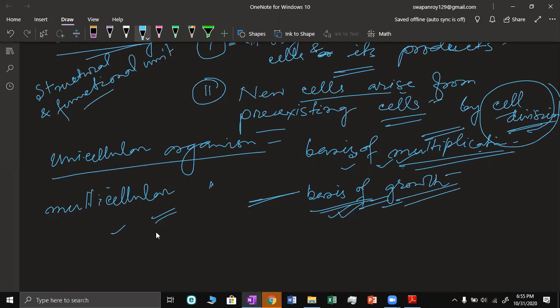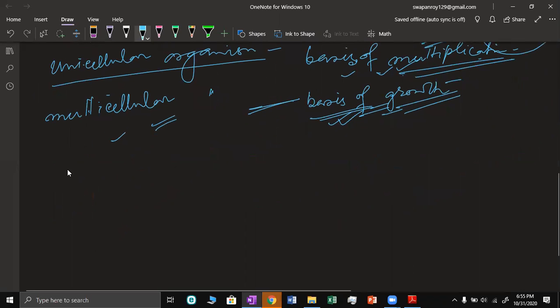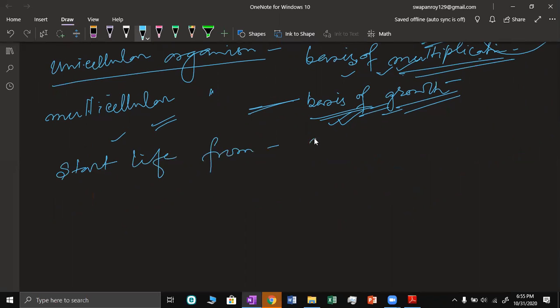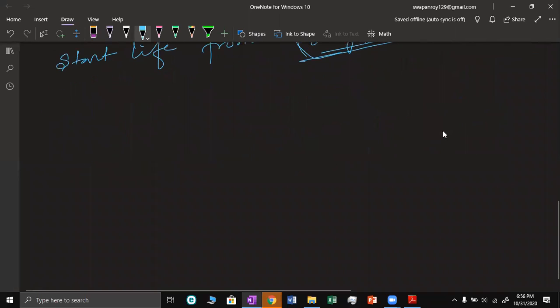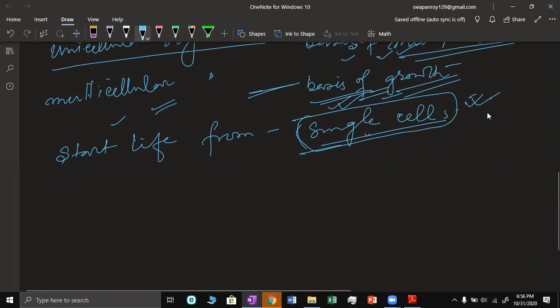All organisms start their life from a single cell. Those which are unicellular remain a single cell, but multicellular organisms also begin their life from a single cell, and this single cell divides and increases the number, and huge multicellular organisms are produced.